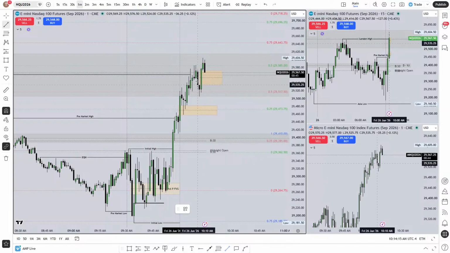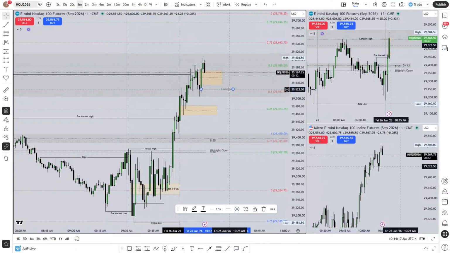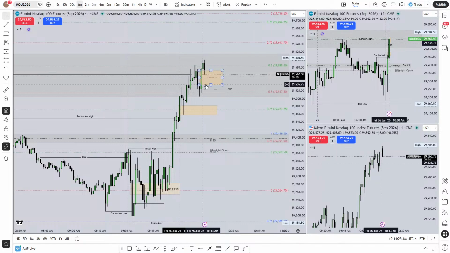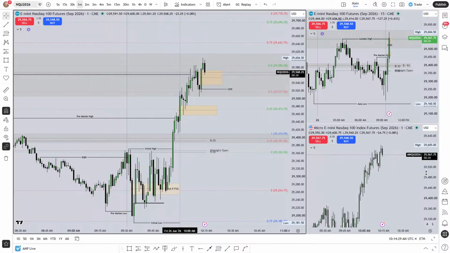So this would be your breaker, these two down close candles, and then this would be your change in the state of delivery. And now this is enough displacement that if we actually do inverse it, that's something that I would enter on. We get our 15-minute closure in about 20 seconds here.